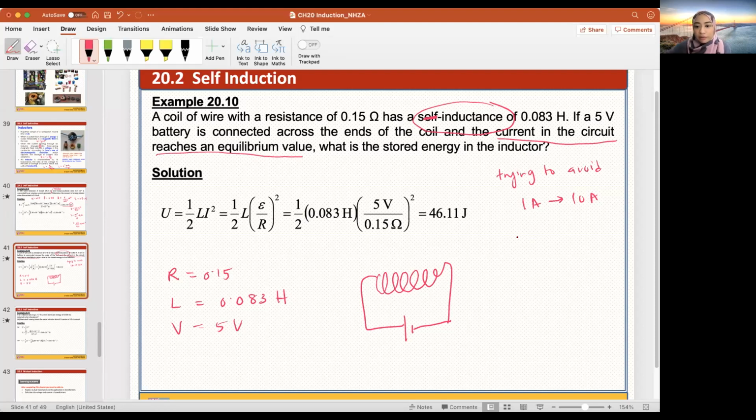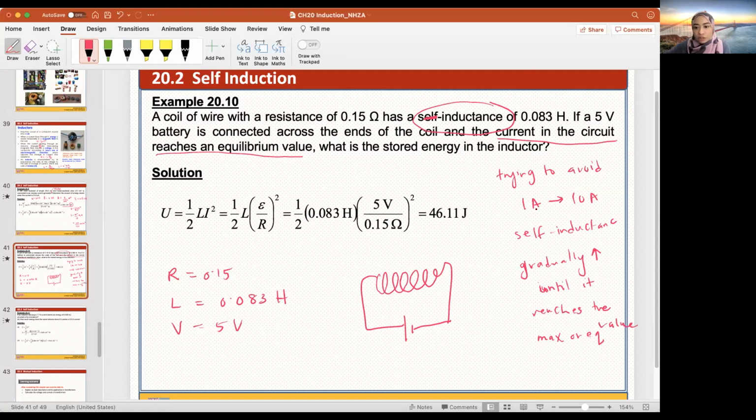So when you have self-inductance, it will gradually increase until it reaches the maximum value or the equilibrium value. Sorry, my handwriting is bad.